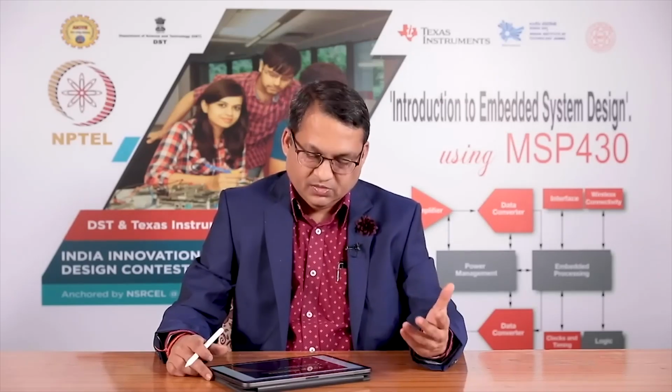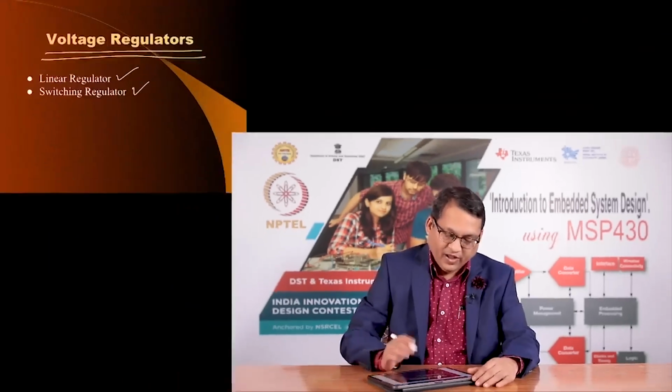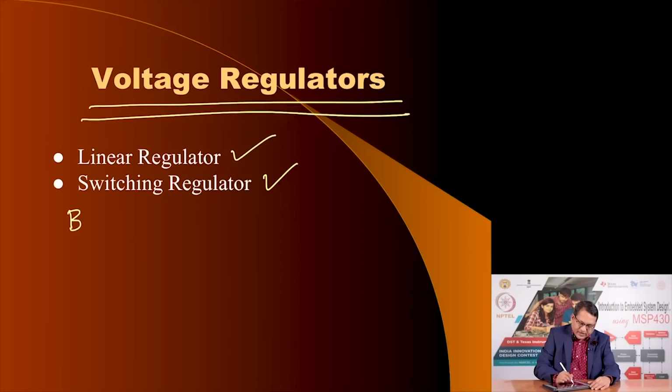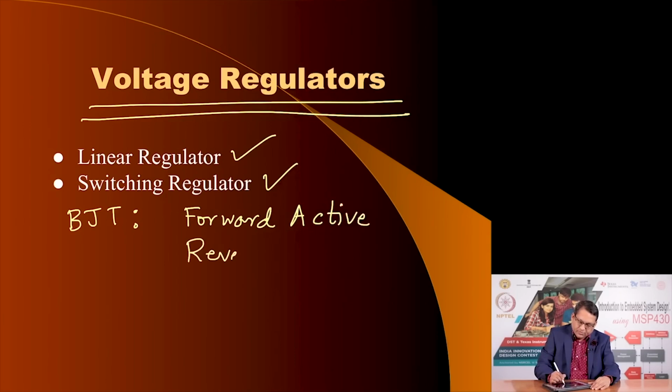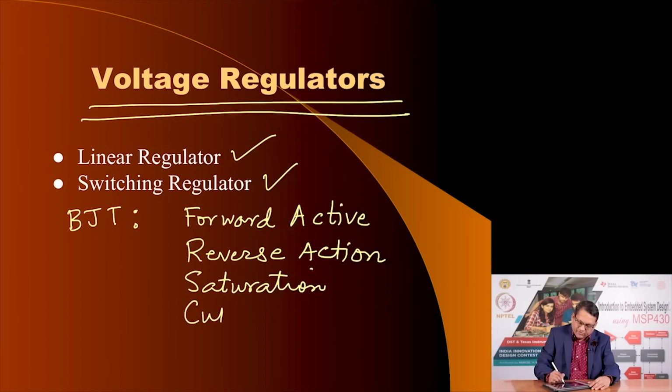How does the difference reflect? If I look at a BJT transistor, then there are 4 modes of operation in which the BJT works. One is forward active, the other is reverse active mode of operation for a BJT, the third is saturation, and the fourth mode of operation is cutoff.